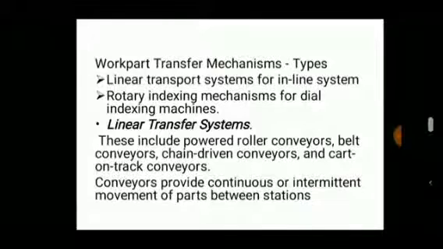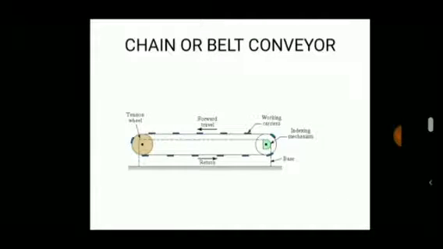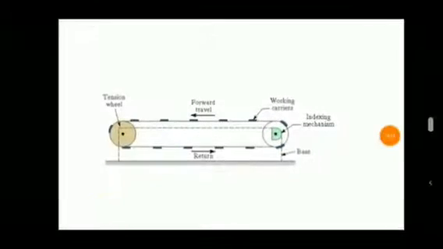The work part transfer mechanisms are of two types: linear transport and rotary transport. The linear includes the belt conveyor or chain driven conveyor and cart on track conveyors, and rotary indexing mechanisms use a Geneva mechanism.